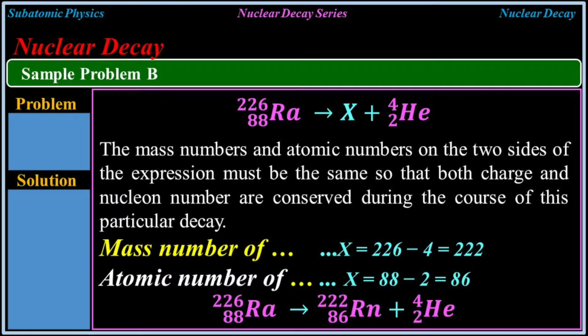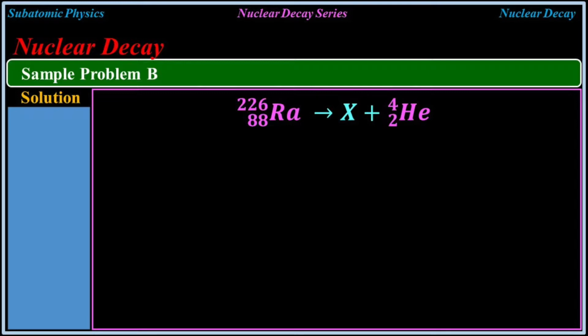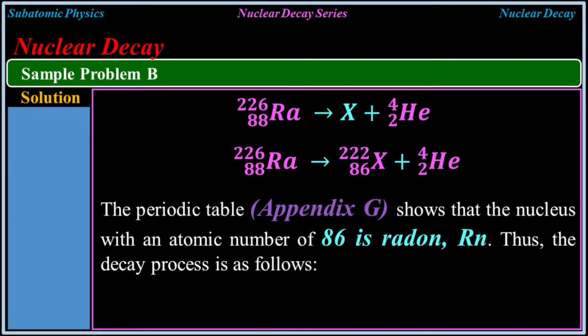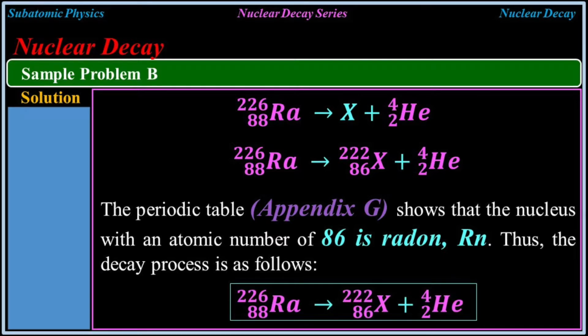And that is radon. So the daughter element is radon, which in itself is radioactive. The periodic table shows that the nucleus with the atomic number of 86 is radon. Thus, the decay process is as follows. There it is, and the X becomes radon.